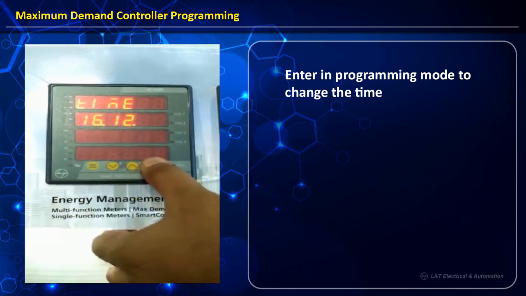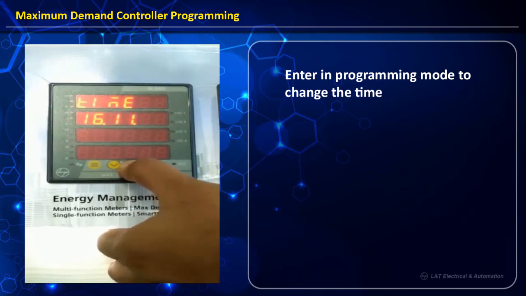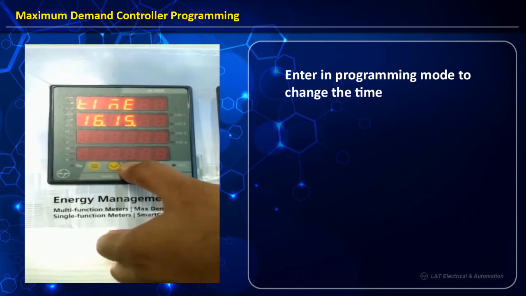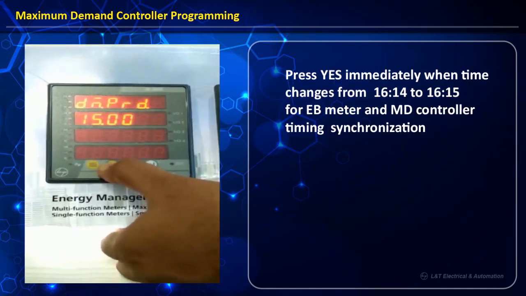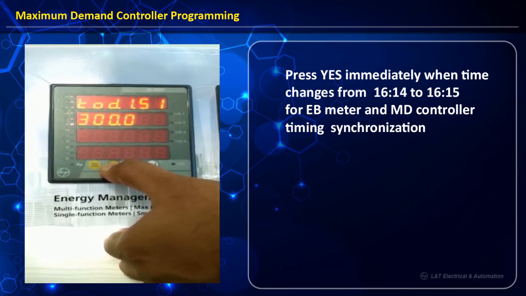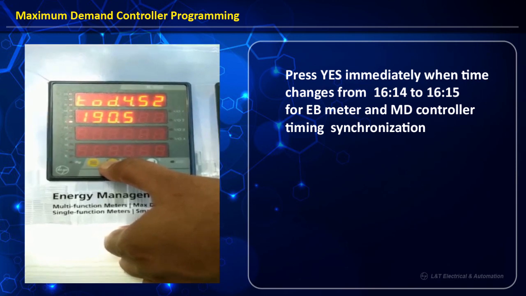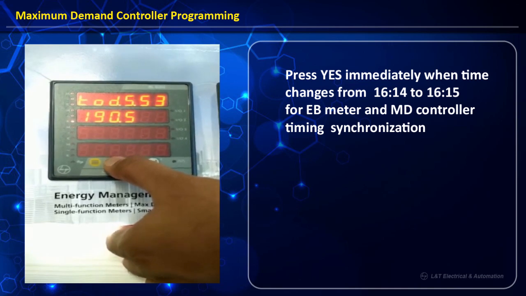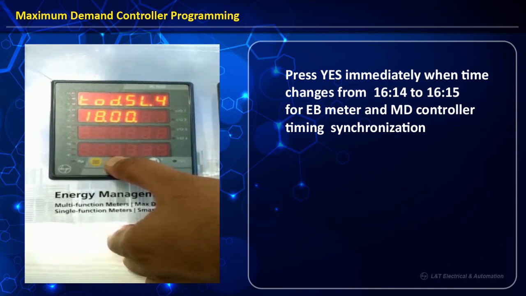So right now it is say 4:12. We change it to 4:15. Confirm this value, and we go towards the end of the programming window, where it asks for confirmation of yes or no. We will wait till the time the EB meter will change from 4:14 to 4:15, and at that exact moment we press the confirmatory yes button to ensure that synchronization of timings is there between both these two meters.